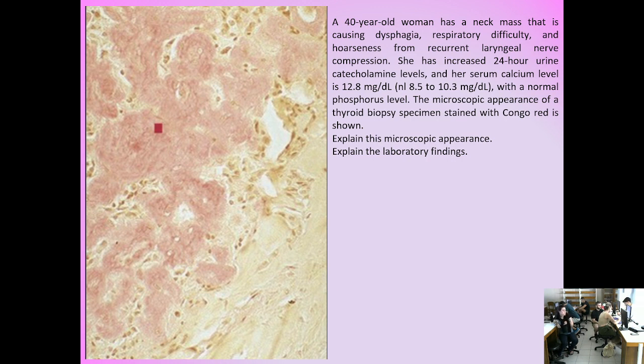So if we find increased calcium, it might be a lesion of the parathyroids, either primary, such as hyperplasia and adenoma, and very rarely carcinoma of the parathyroids, primary lesions of the parathyroid, or secondary lesions.